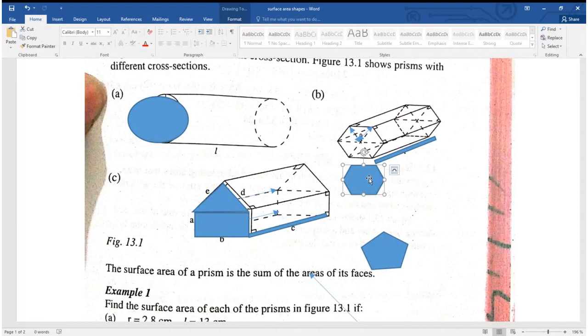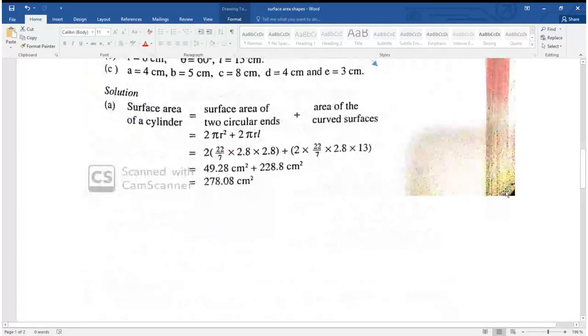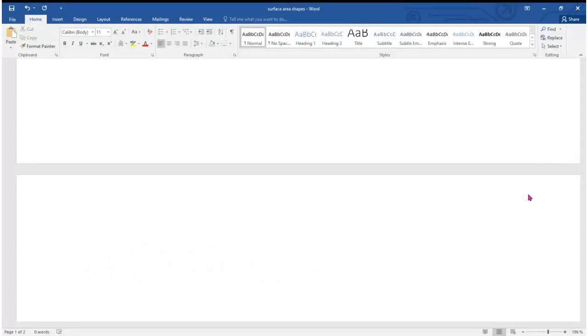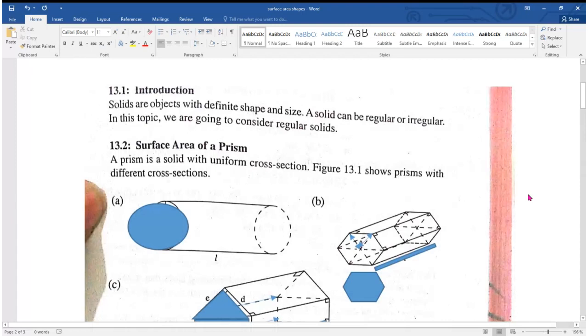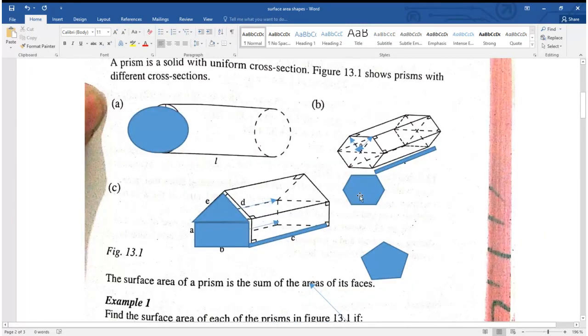Probably I can do this part here, so I don't keep on switching a lot. Let me just copy and bring it here. Copy.